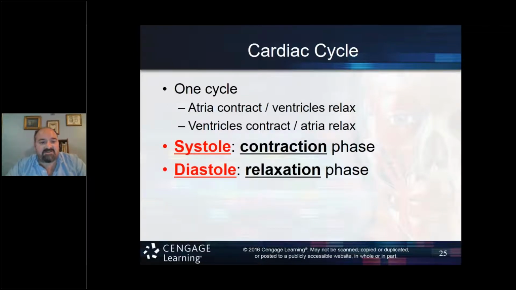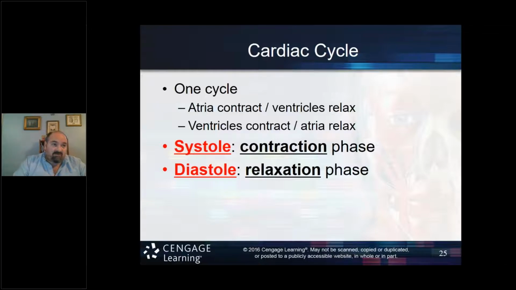Terms systole and diastole, right? These are terms that we use to describe contraction or relaxation, okay? With any kind of muscle, we have contraction followed by relaxation. And know that with the cardiac muscle, we have this going on from very early in fetal development.